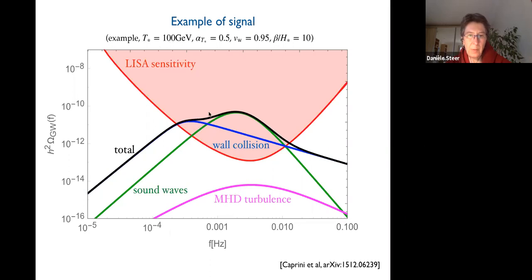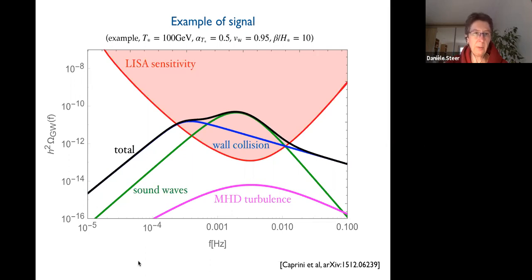There's a contribution from sound waves, and there's a contribution from turbulence. And the sum, which has the right frequency dependence on small scales, is here. So that's an example of a source which can give a stochastic gravitational wave background.